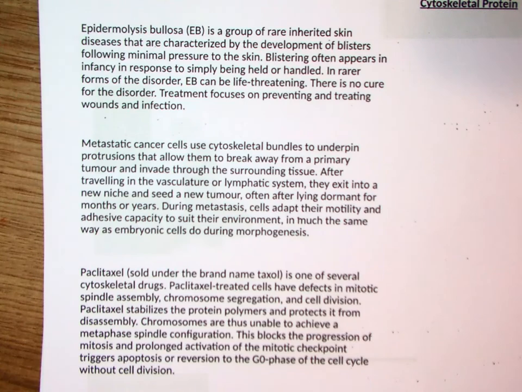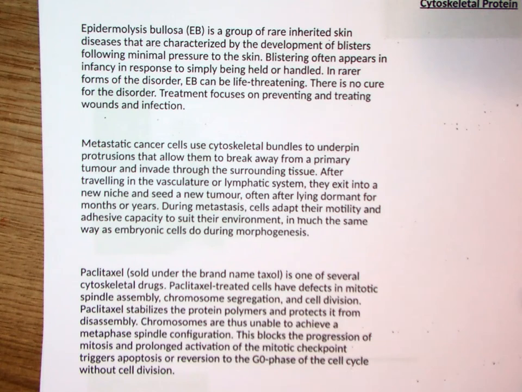Blistering often appears in infancy in response to simply being held or handled. In rarer forms of the disorder, EB can be life-threatening and there is no cure for the disorder, so the treatment focuses on preventing and treating the wounds and infection.